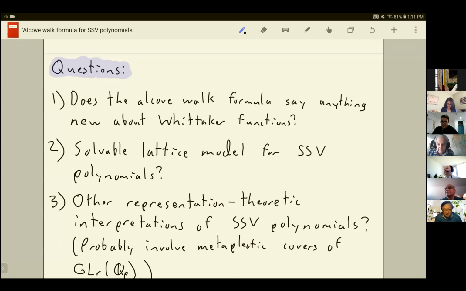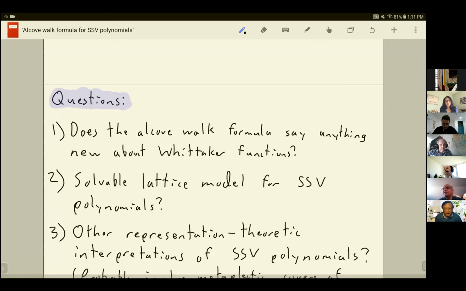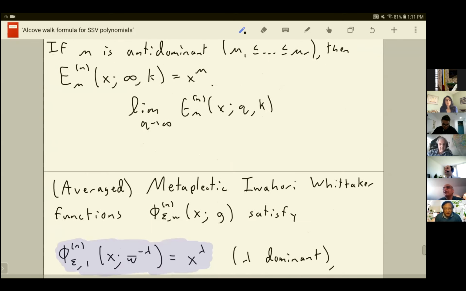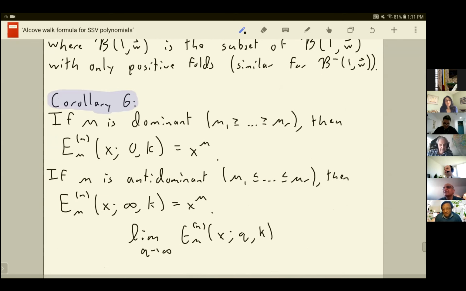Yes, metaplectic ice. But before it became metaplectic, it was some ice model.